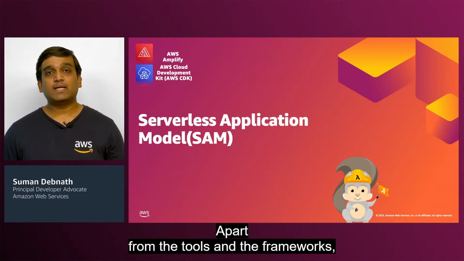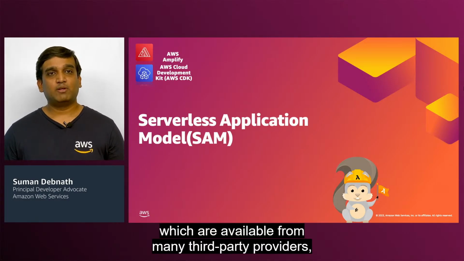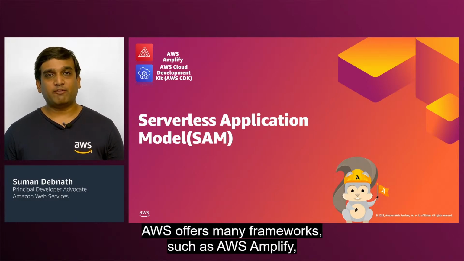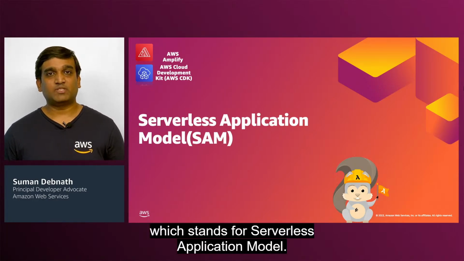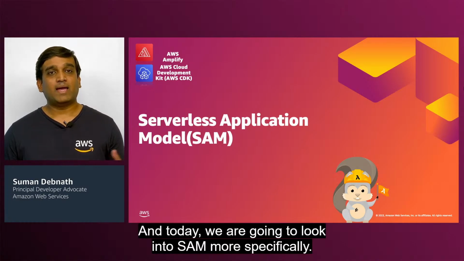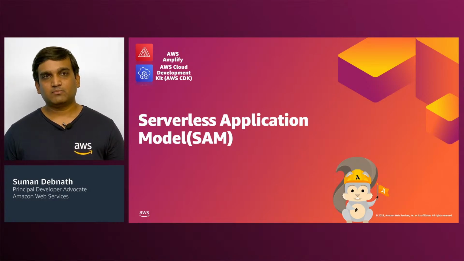Apart from the tools and the frameworks which are available from many third-party providers, AWS offers many frameworks such as AWS Amplify, AWS CDK, and AWS SAM, which stands for Serverless Application Model. And today, we are going to look into SAM more specifically.